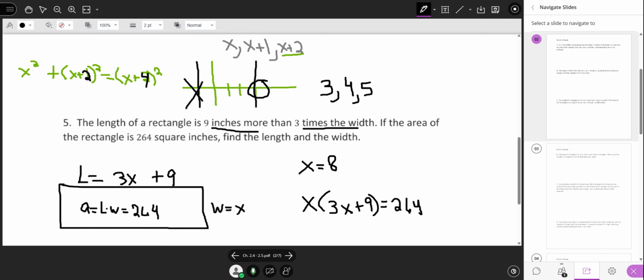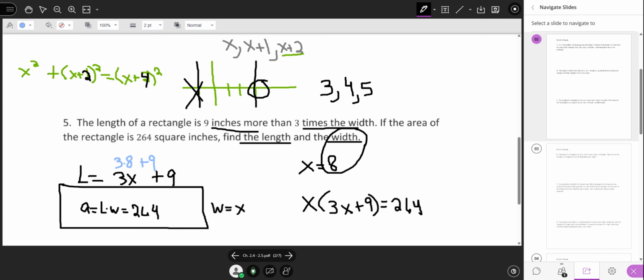Now, it wants the length and the width. The width is 8. Now what we have to do is find the length. So 3 times 8 plus 9. So in Desmos or with your calculator, either one, 3 times 8.